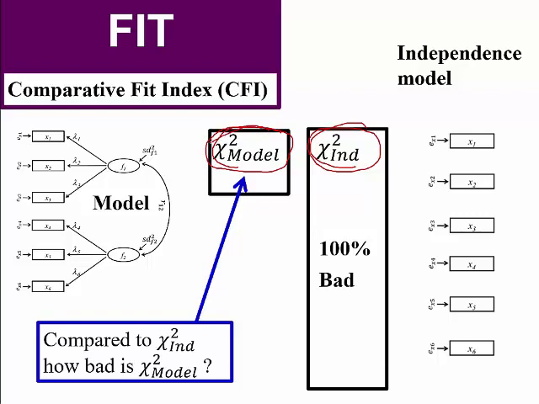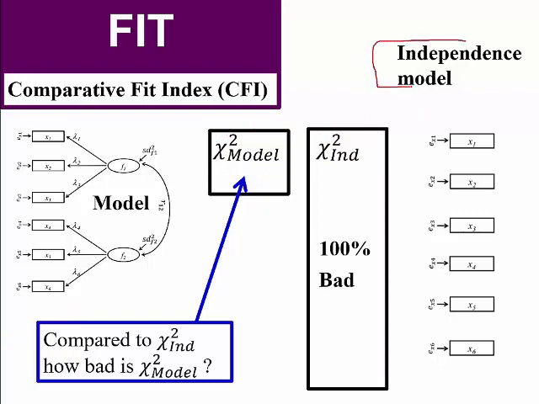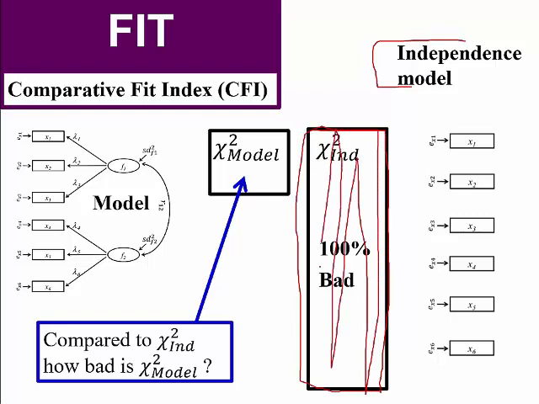But I get the chi-square for my model, and the chi-square from this independence model where I've put all the possible constraints on it, and whatever chi-square value I get for the independence model, I'm going to say this represents 100% badness. So here's my little block here. It's this tall. Say this is the size of the badness.